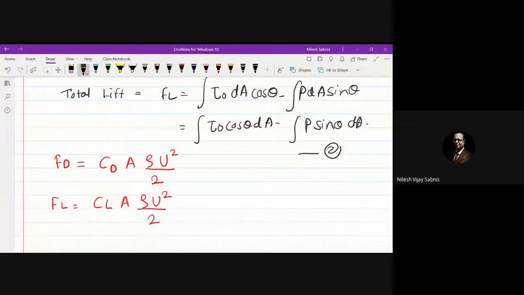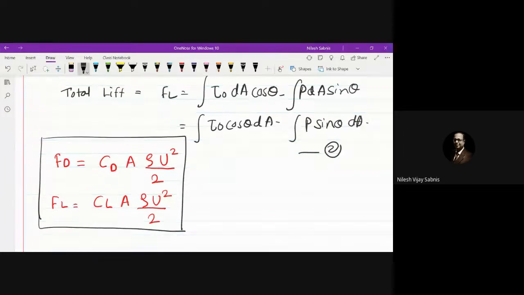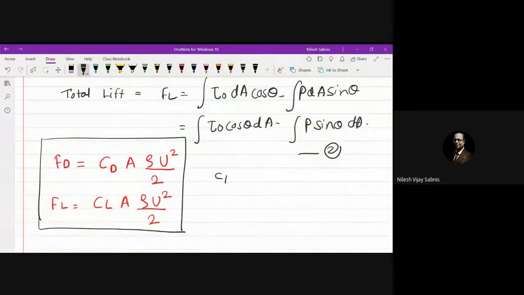These are the two important equations we use in problems for calculating drag force and lift force henceforward. CD is the coefficient of drag, and CL is the coefficient of lift. Area A is the projected area of the body perpendicular to the flow.